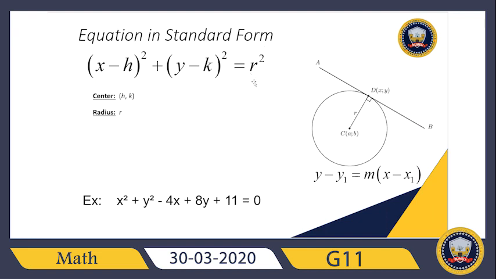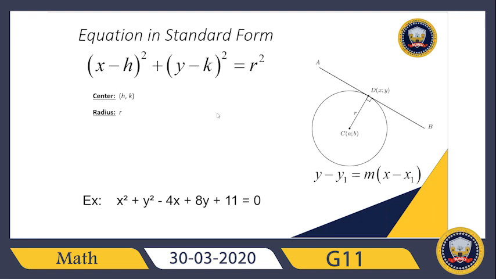If we have this standard form, h and k represent the center of the circle, while r represents the radius. So we call this the standard form of a circle.